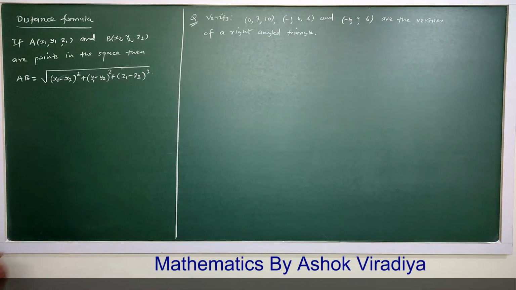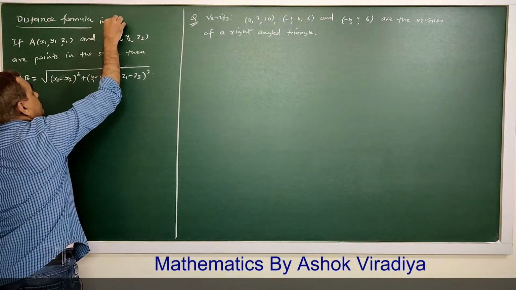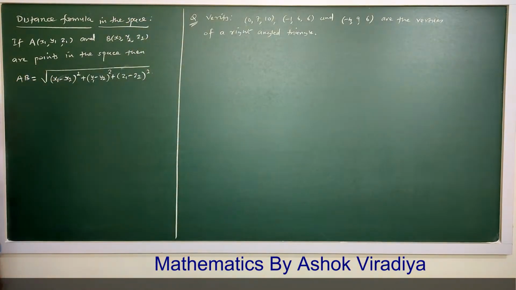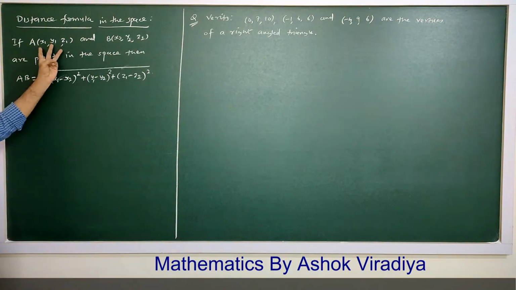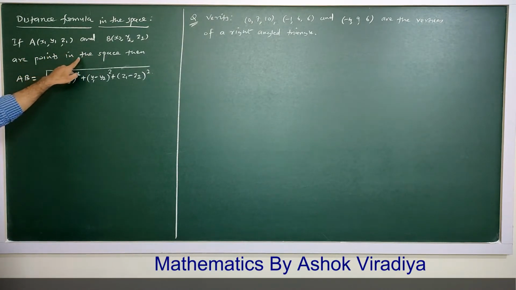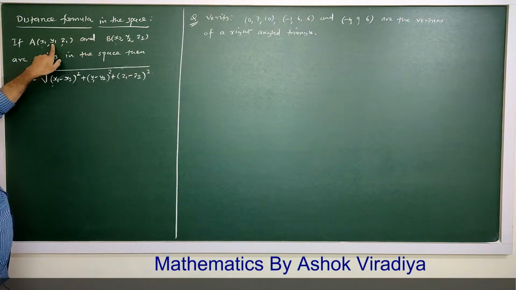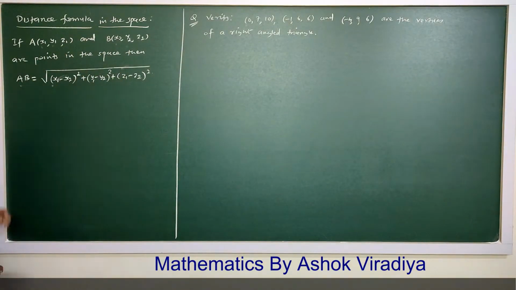Now the distance formula. Distance formula in the space. If any two points A and B are given, whose coordinates are x1, y1, z1 and x2, y2, z2, then the distance between them, AB, is the square root of (x1 minus x2) square plus (y1 minus y2) square plus (z1 minus z2) square.